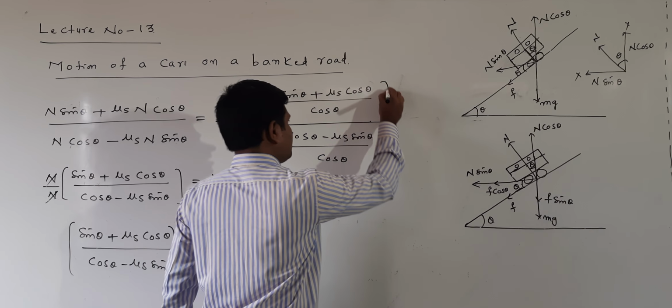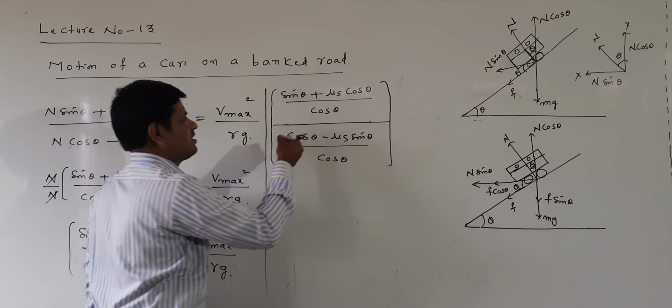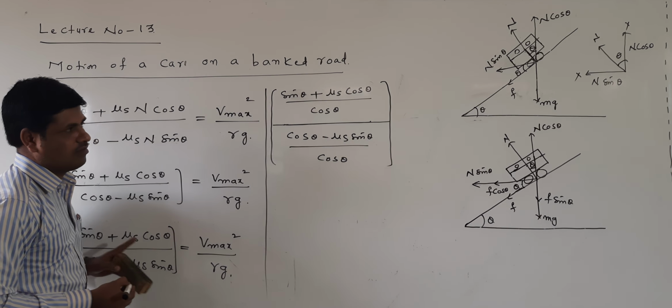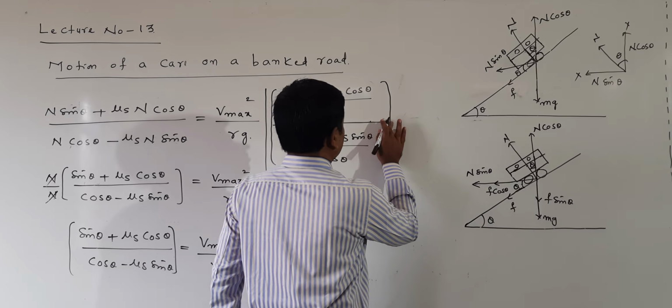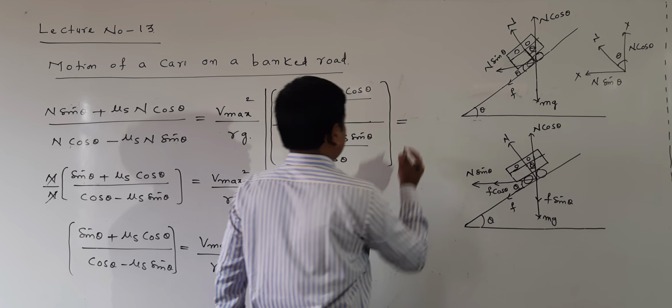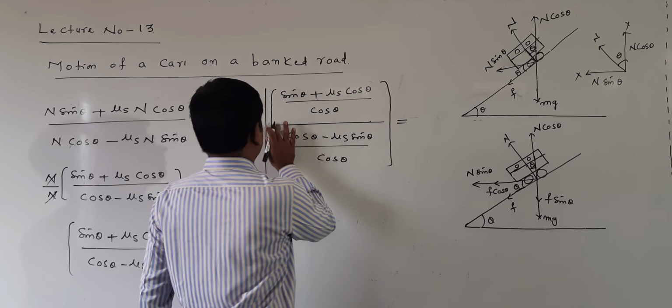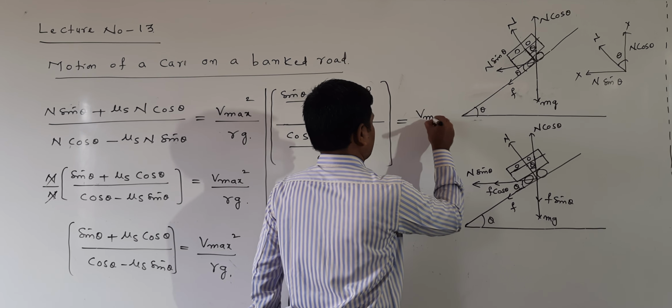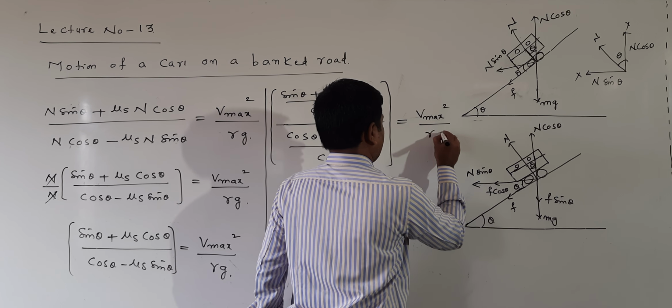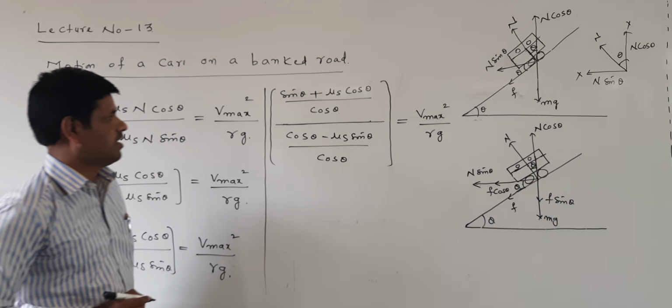When dividing by cos theta, there is no change in the value, because cos theta cancels and we get the same value, equal to v maximum square by rg.